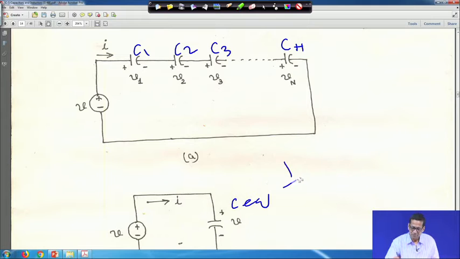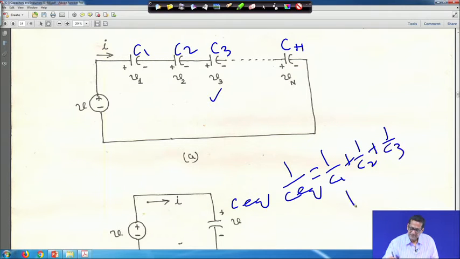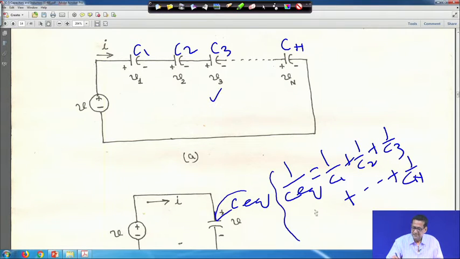Therefore, 1 upon Ceq, when capacitors are in series, is 1 upon C1 plus 1 upon C2 plus 1 upon C3 plus 1 upon Cn. It is the same calculation as resistors in parallel; capacitors also have to be calculated the same way when they are in series. And this capacitor is Ceq, and 1 upon Ceq is equal to this.